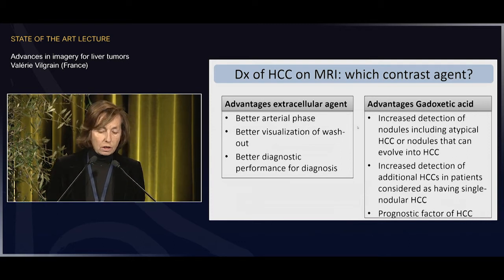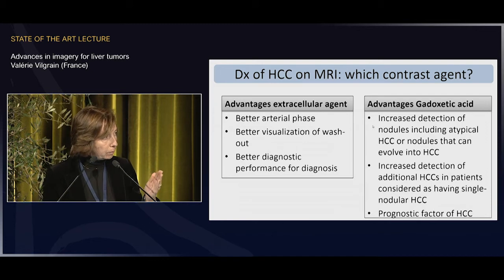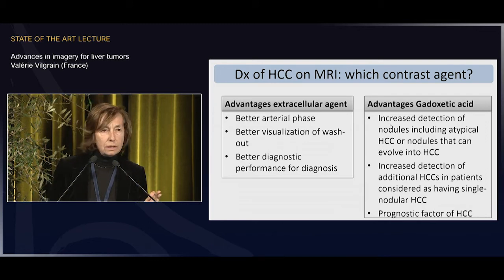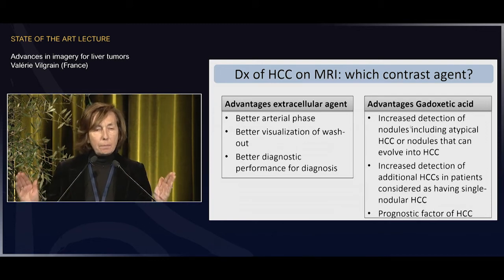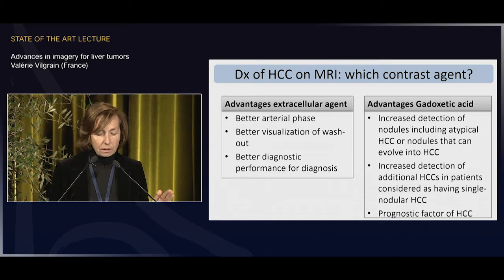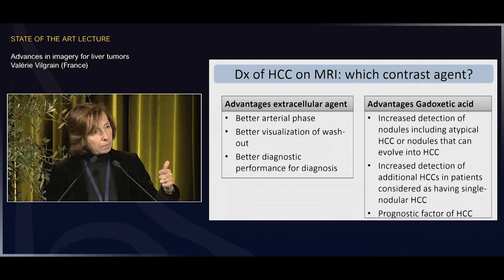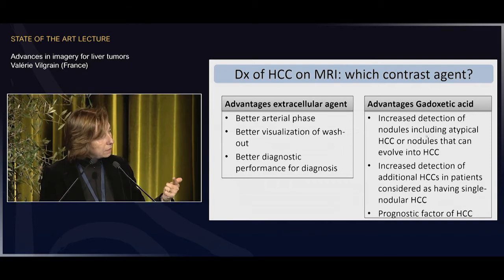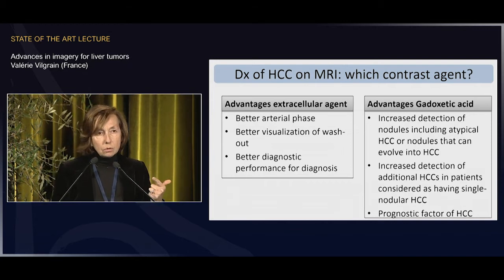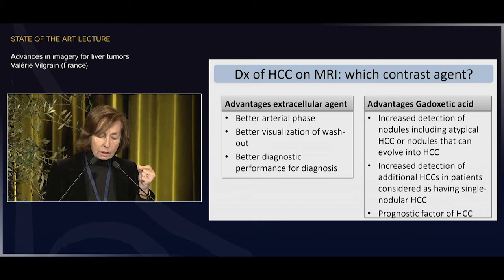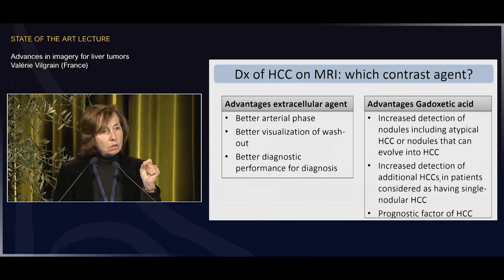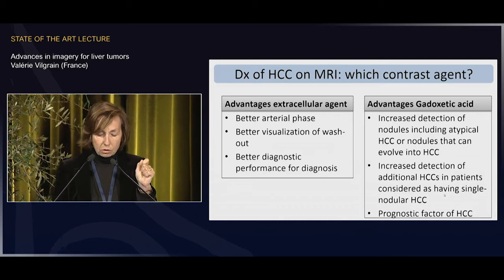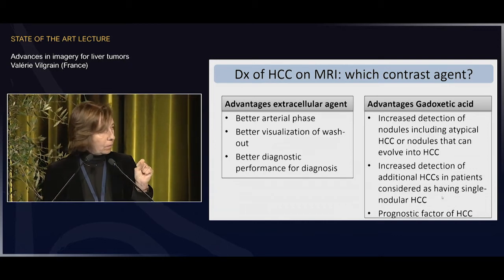Okay, so what are the advantages of Primovist and gadoxetic acid? Actually, it's very interesting to depict any nodule, not only the HCC, but also atypical nodules, some of them that could evolve into HCC. And also, it is interesting to increase the detection of additional HCCs in patients considered as having a single one.